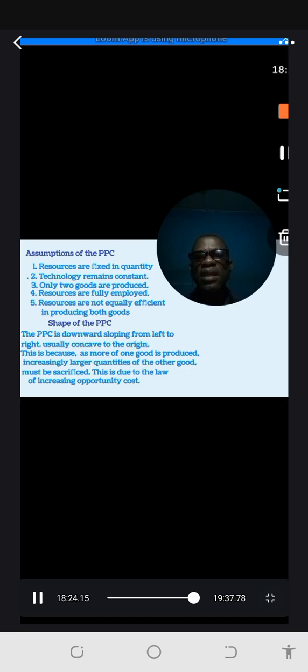As long as one commodity is increased, some of the quantity of the other commodity will be sacrificed. And this is when opportunity costs come into the production possibility curve.